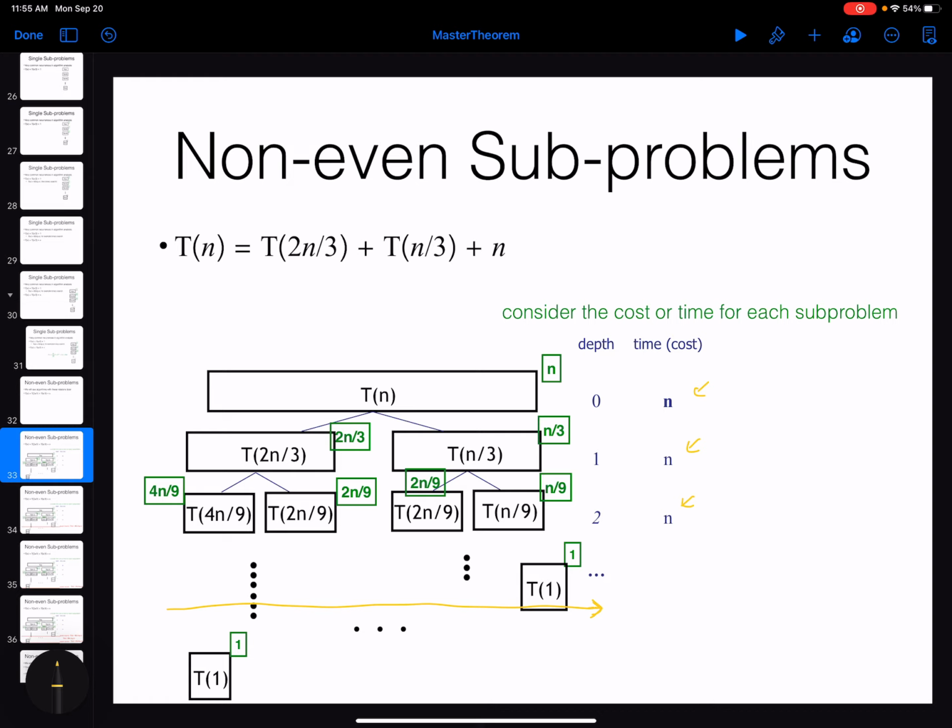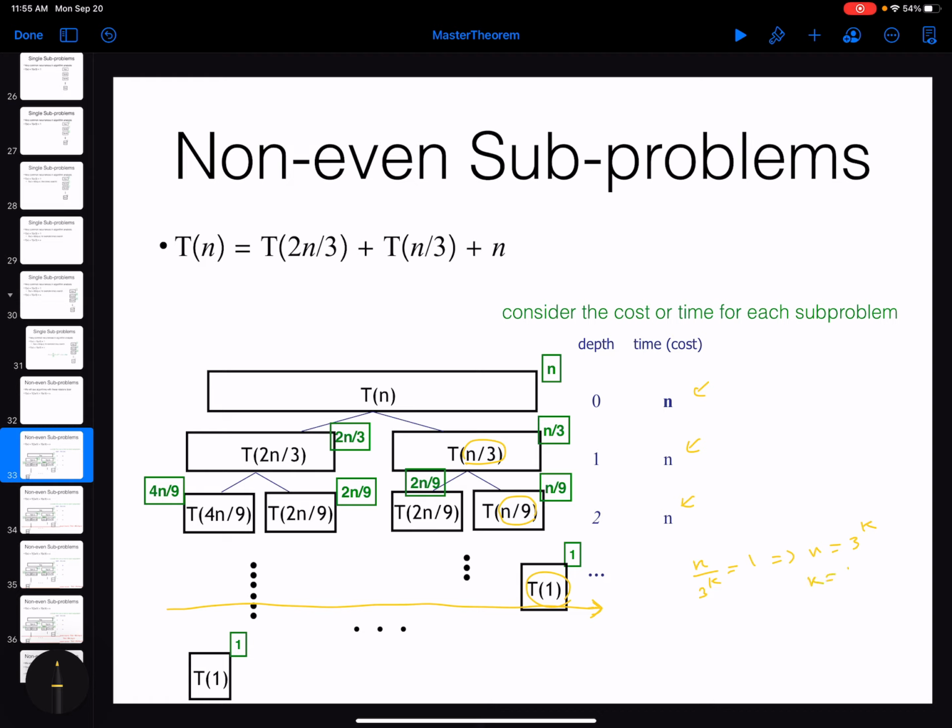You can see that the size of the problem will be divided by 3, and we keep dividing it by 3 until you reach 1. So it's just like n divided by 3 to the power k equals 1. So n will be equal to 3 to the power of k.